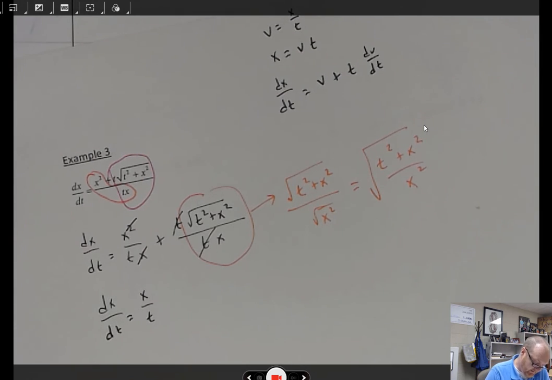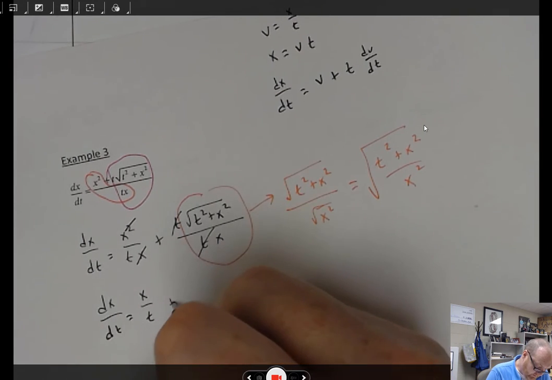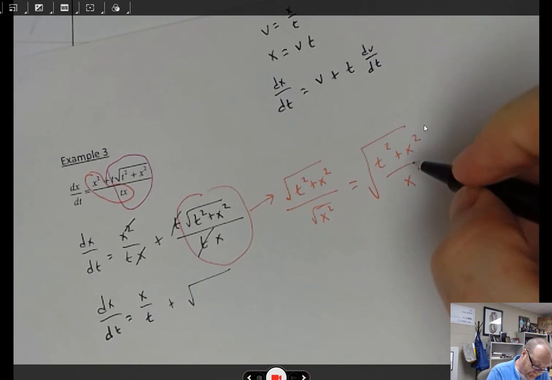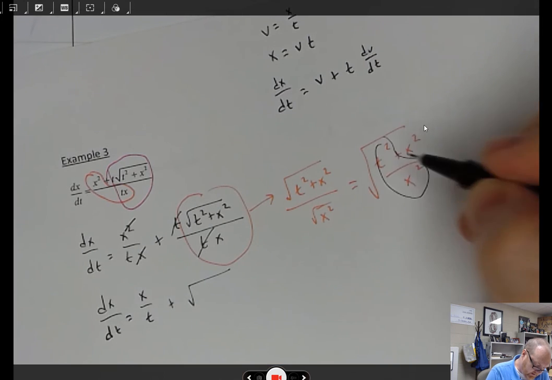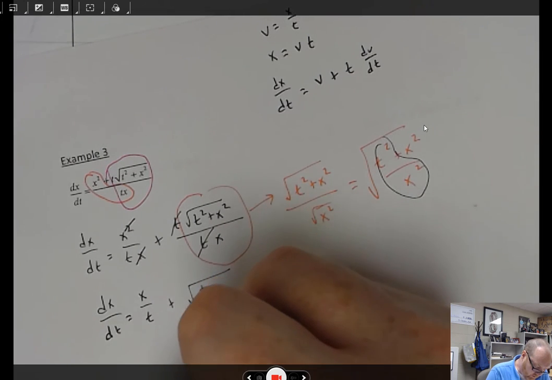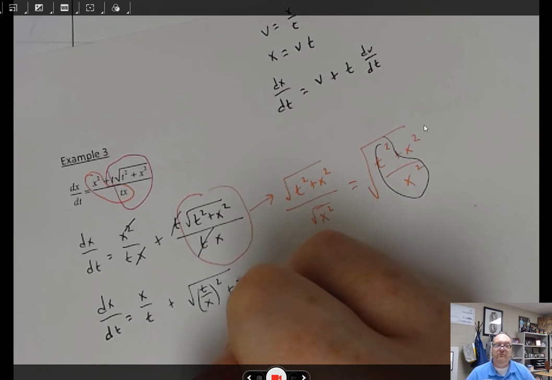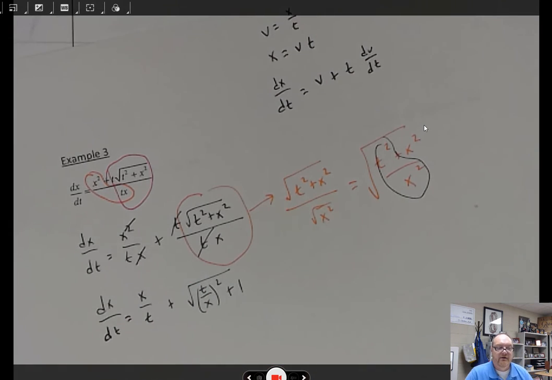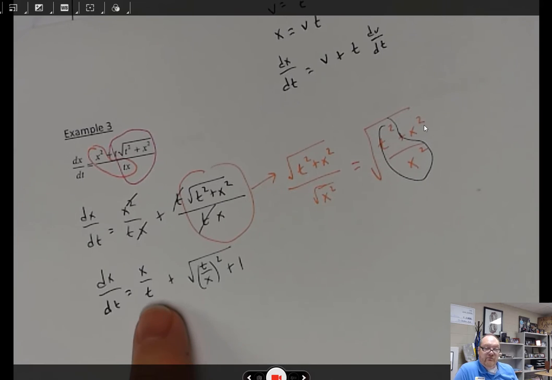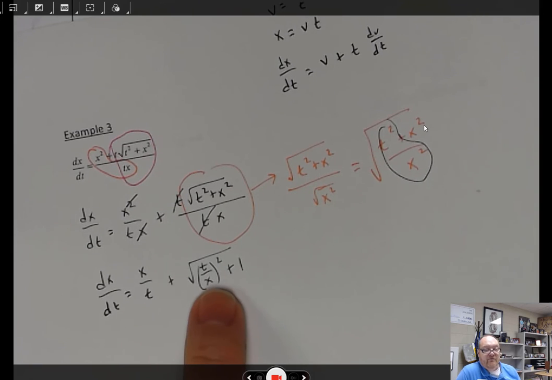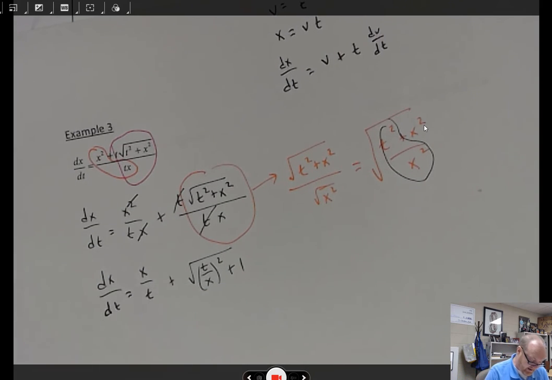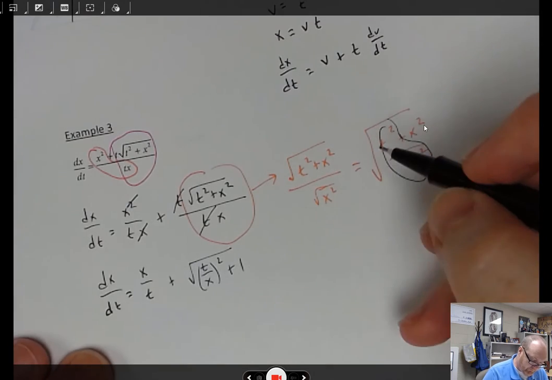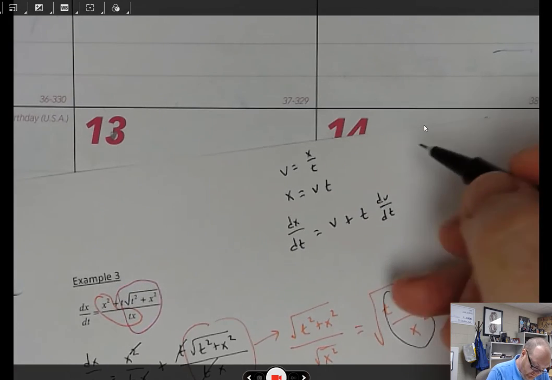So that's going to be the square root of t over x quantity squared plus 1. Now, I know what you're thinking. I needed x's over t's, and now all of a sudden I've got t's over x. I can always take care of that. Let me go way back up here.